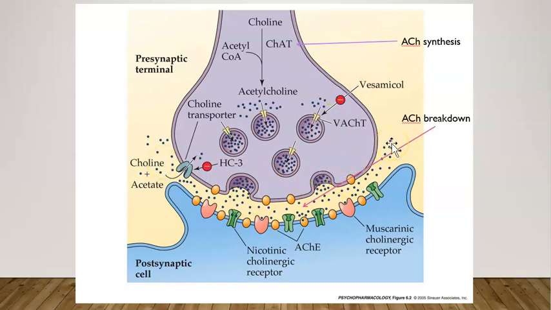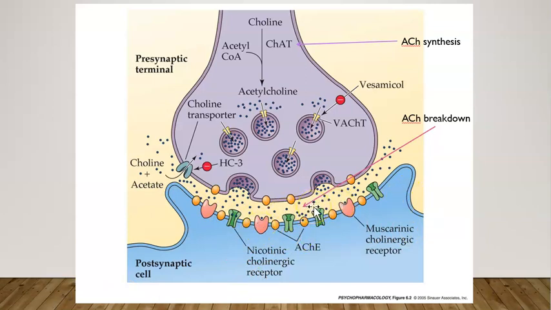Very typical synapse, but you see that the neurotransmitter is synthesized in the presynaptic cell. There will then be receptors for acetylcholine on the postsynaptic neuron. You'll see that there are multiple different types of receptors, and I believe we're going to talk about all of those in the next class. For now, just know that they're all there.